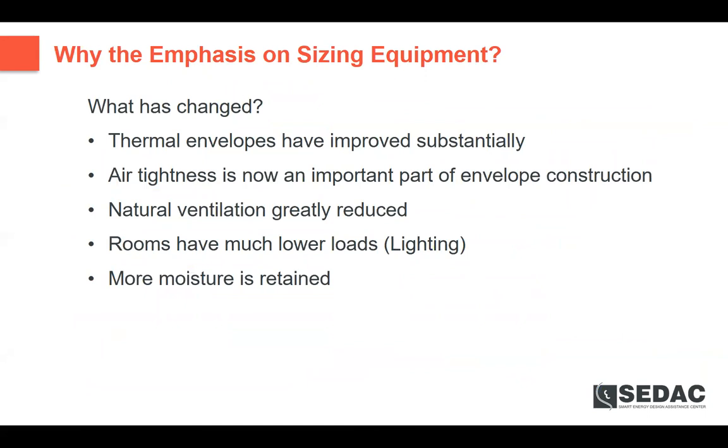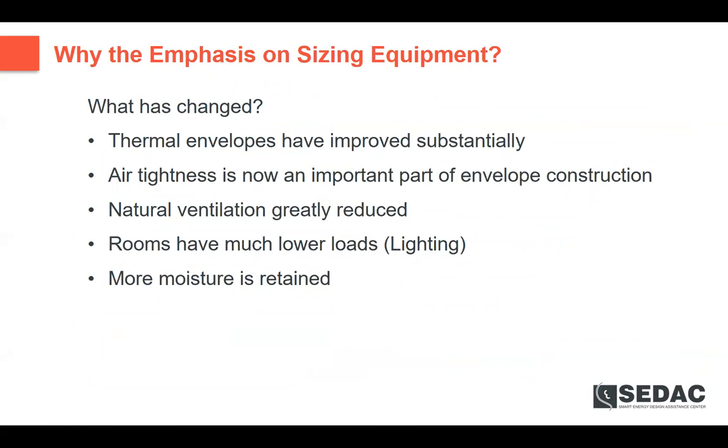Why this emphasis on sizing equipment? Well, what's changed over the years? Our thermal envelopes have improved substantially. We've made them a lot tighter, and we've also put a lot more insulation in there. So our typical rules of thumb do not apply anymore. So the air tightness is now very important, as we've been talking about.